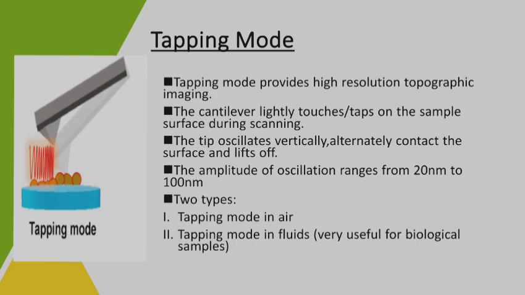Tapping mode is again classified into tapping mode in air and tapping mode in fluids. Tapping mode in air is for ordinary samples like polymers, and tapping mode in fluids is useful for biological samples like cells and proteins.